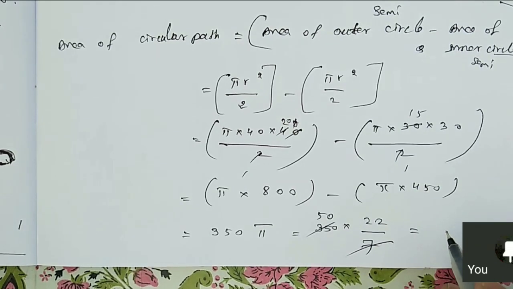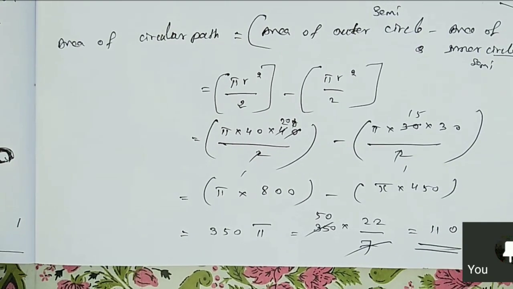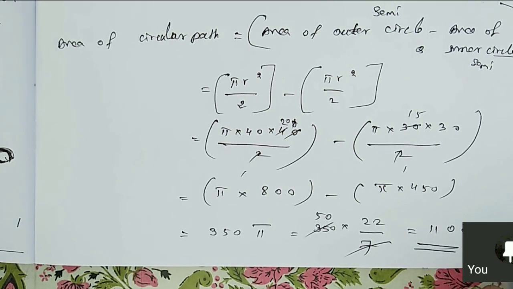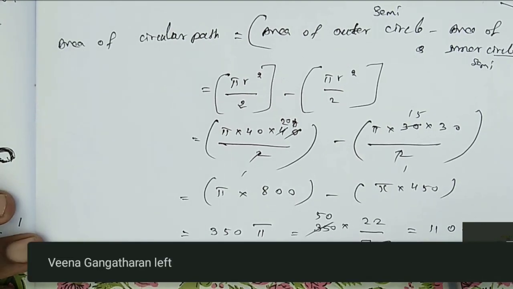You can multiply now. So what is the answer? 1100 meter square. Clear? So it is the area of one circular path.